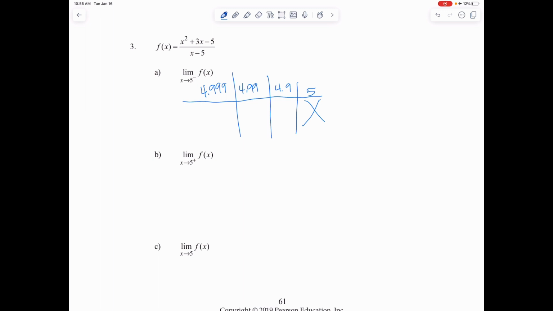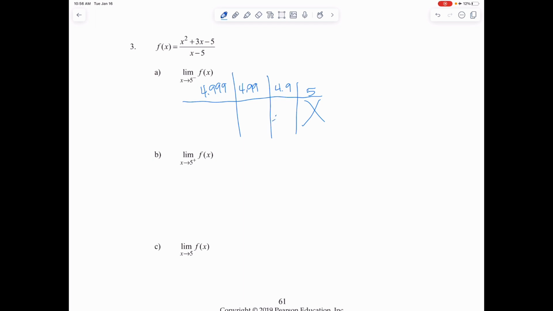4.9 squared plus 3 times 4.9 minus 5 over 4.9 minus 5.